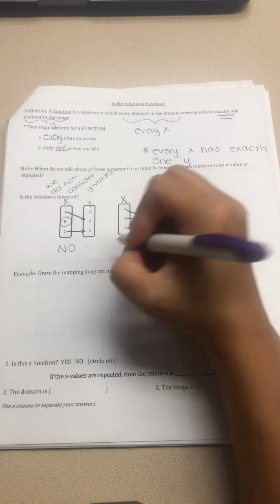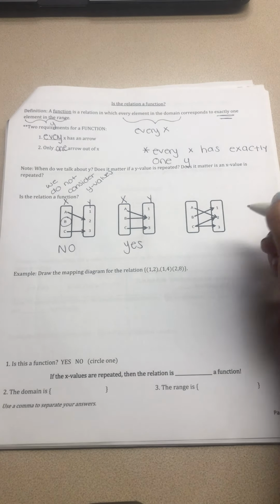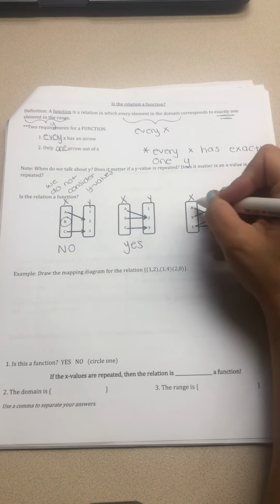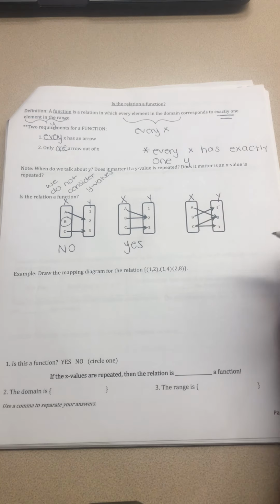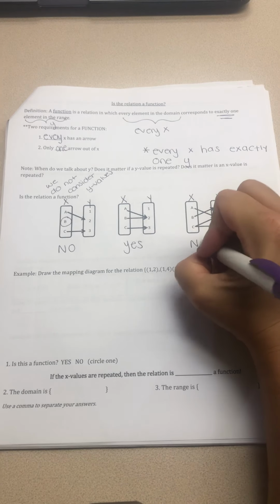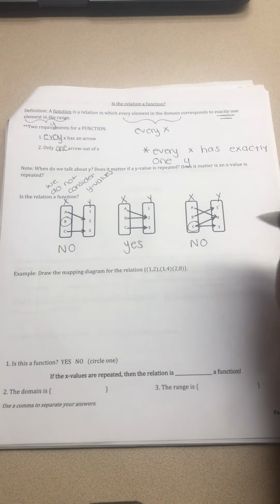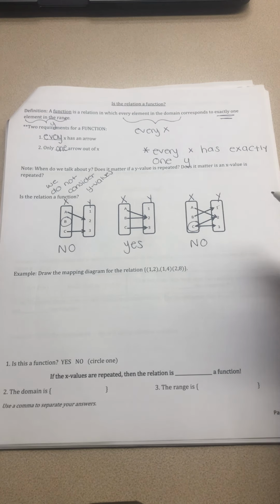Every x value has exactly one arrow, so yes, that is a function. Lastly, A maps to 2, B maps to 1, C maps to 2 and to 3. This is not a function because C has more than one arrow. So every x does not have exactly one y, so no, that is not a function.